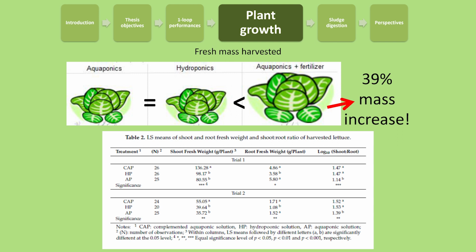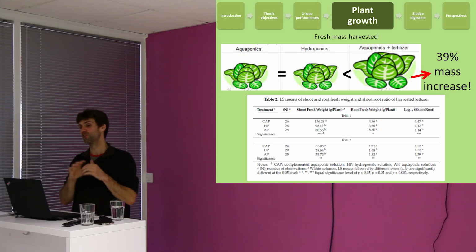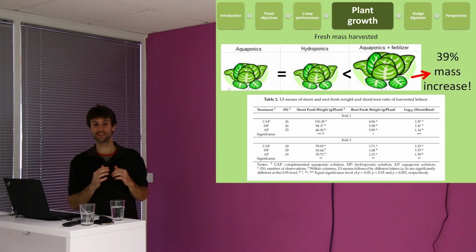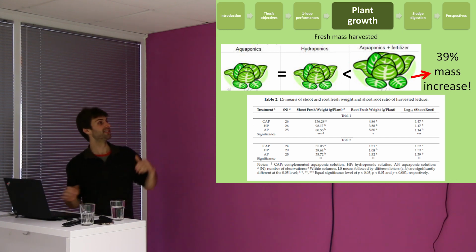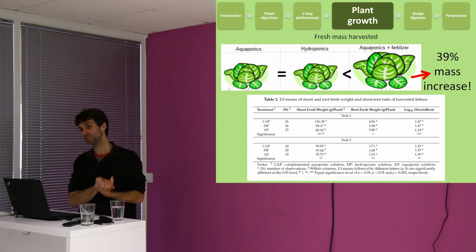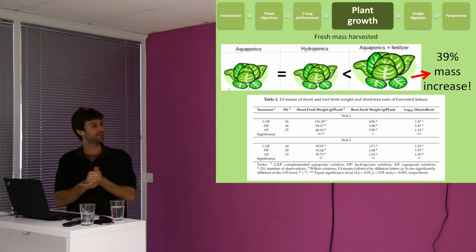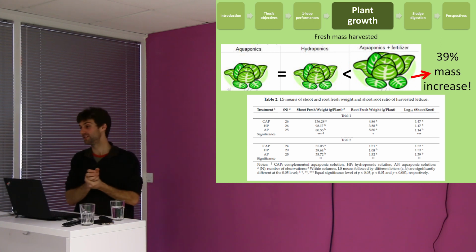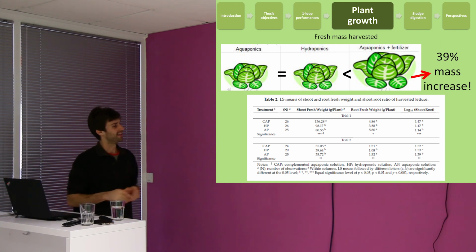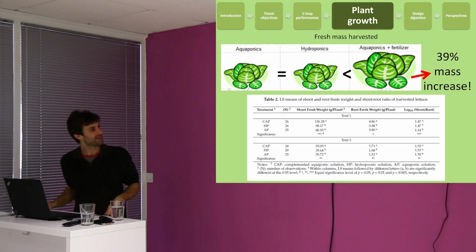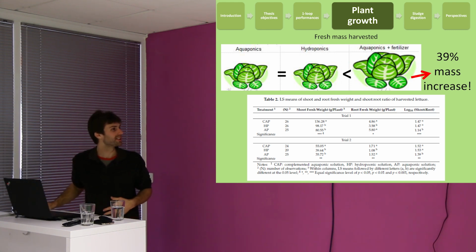Aquaponics and hydroponics, we got exactly the same leaves, the head mass, statistically the same. And in the complemented, we had a 39% increase in both cases. That was a really interesting result. That was quite impressive. I will discuss later how we can interpret this.